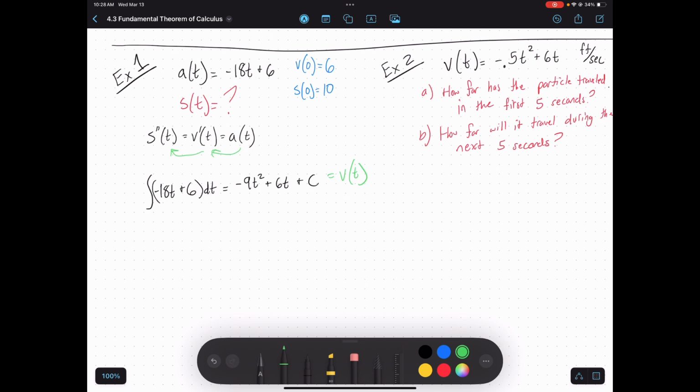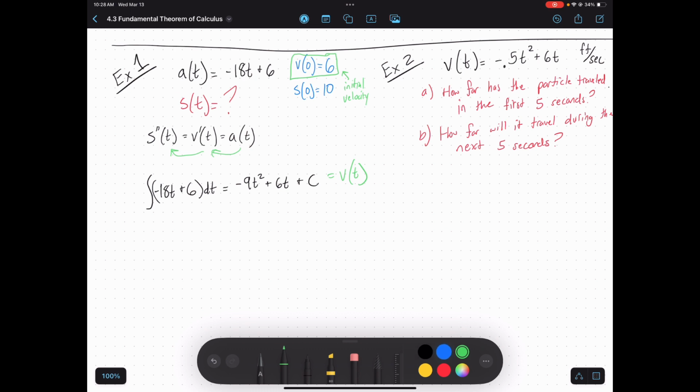But you'll notice I have a plus c in there, right? Because this represents an arbitrary constant. Well, take a look back at the information they give us. They give me this value, v of 0 equals 6. That's related to my velocity function. What does that actually mean? This represents my initial velocity, because it's the velocity at time 0. If I plug 0 into my velocity function, I should get 6.